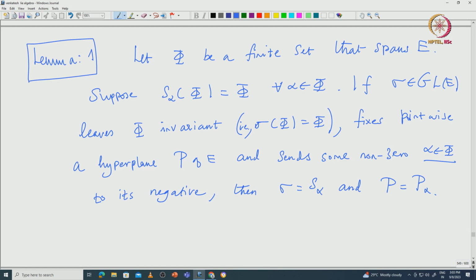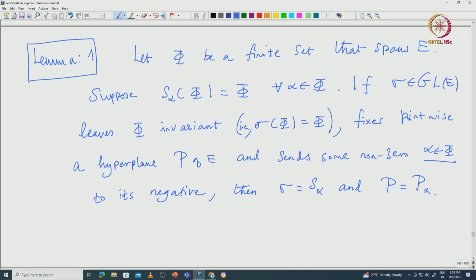So, in particular one can try to prove that sigma is S alpha for some alpha in phi. That says that the S alphas are the only reflections that are in W. Okay, we will come to that conclusion later, but anyway.